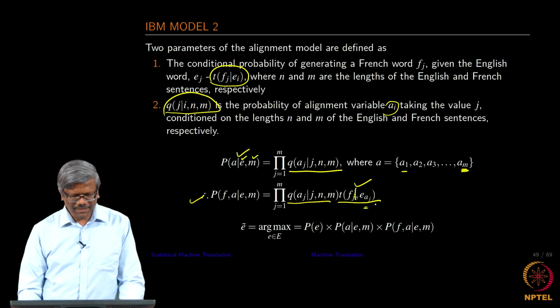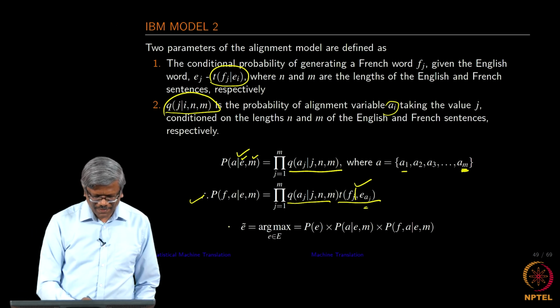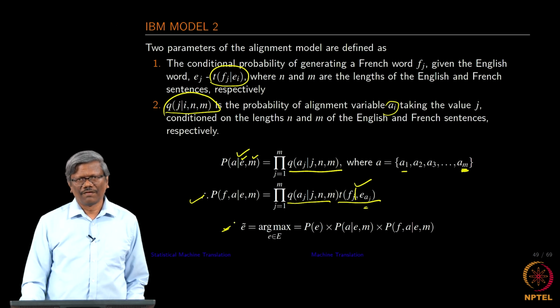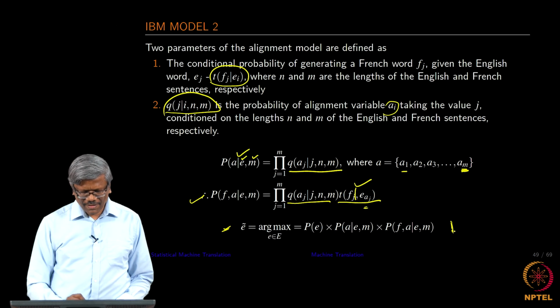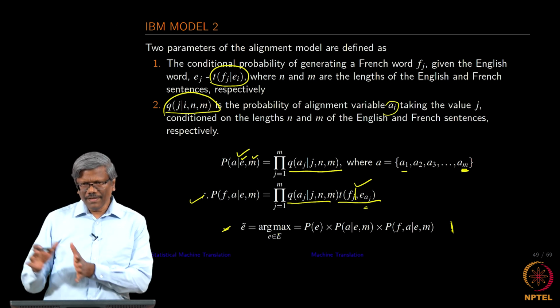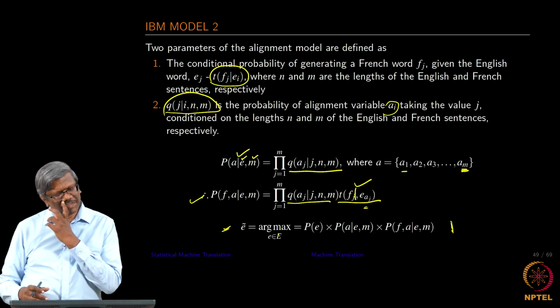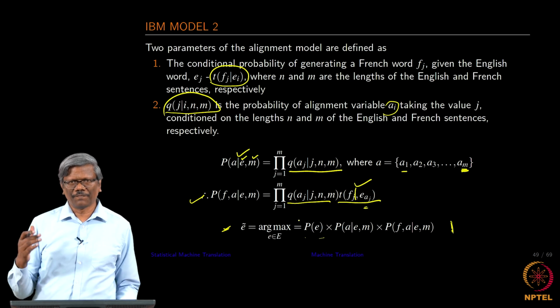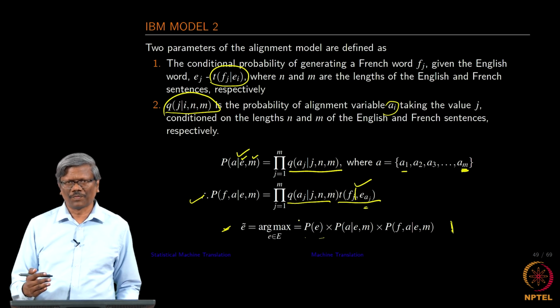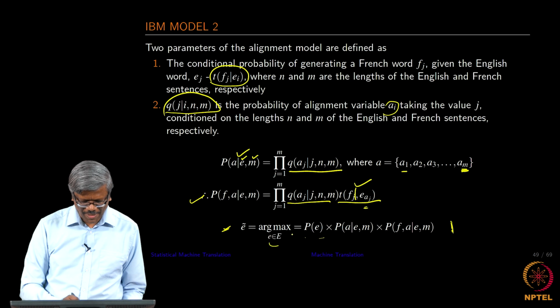Okay, and then finally, you want to find out the sentences using the decoder. This is your decoder. Okay. So, here it finds out the index of the sentences that you have generated using this model, and then picks up the one which has the highest probability. Okay. So, this is what argmax does for us.